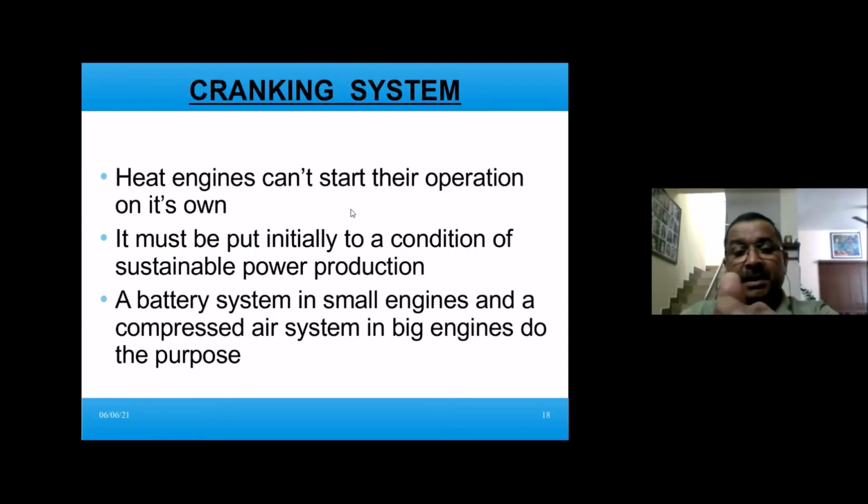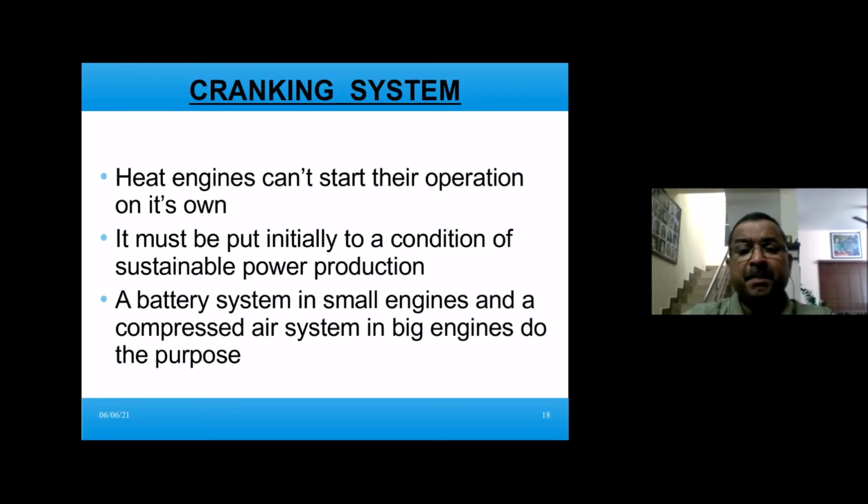So another very important system is the cranking system. Actually, right now you know the working of a heat engine or a diesel engine, and you know that a heat engine can't start its operation on its own.